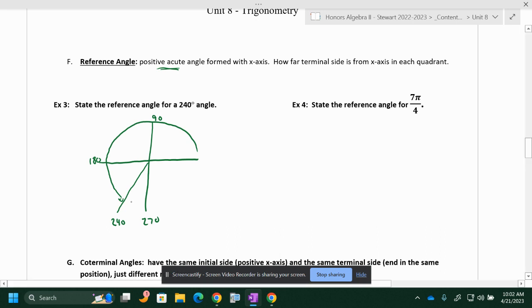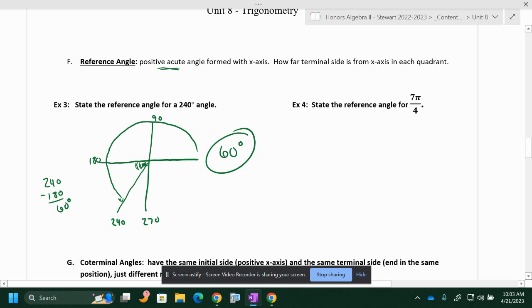If you keep swinging it around, that would be more than 90 degrees, and that wouldn't be an acute angle. You're looking for this angle here. So in this case, you would take 240, subtract 180, and you would get a 60-degree angle. So 60 degrees would be my reference angle here.